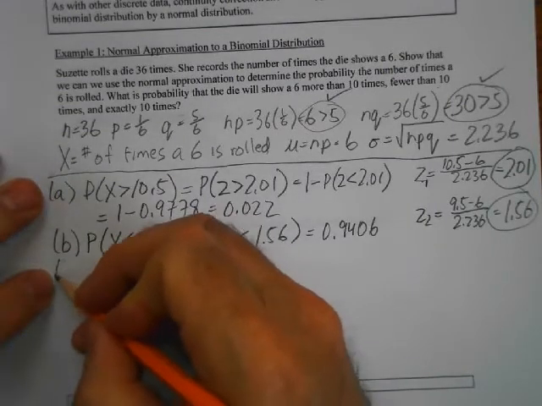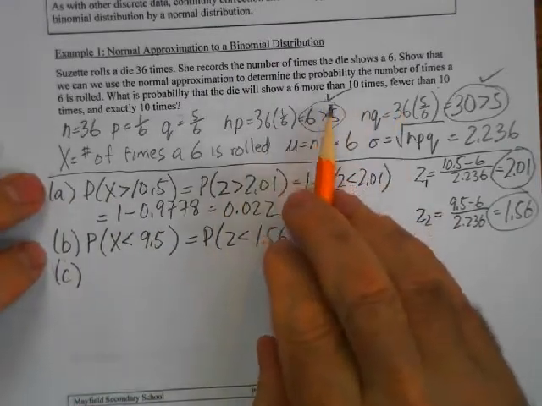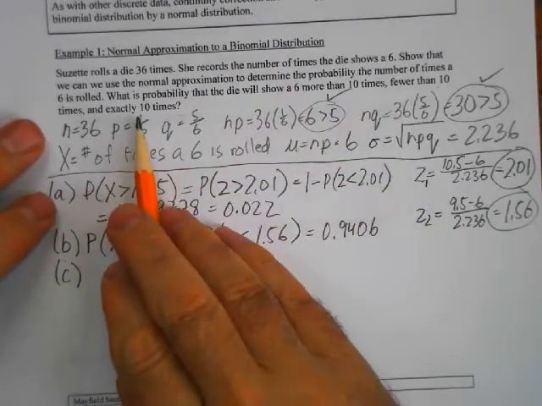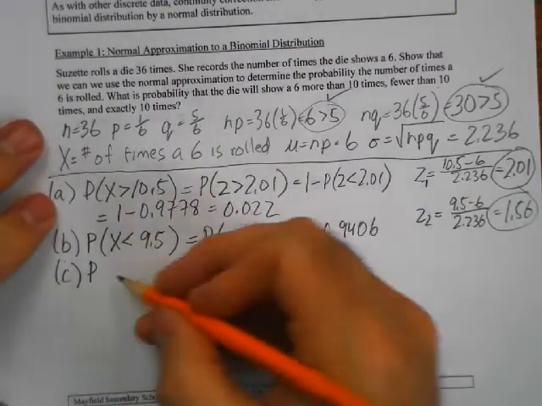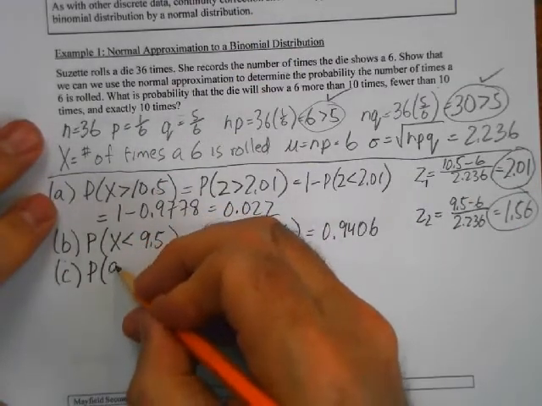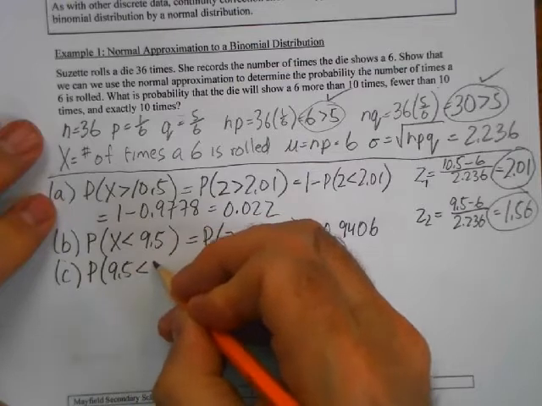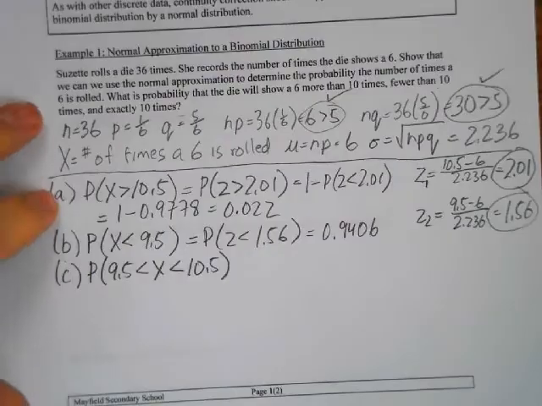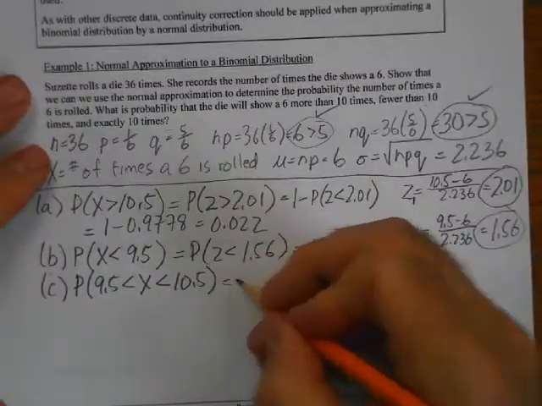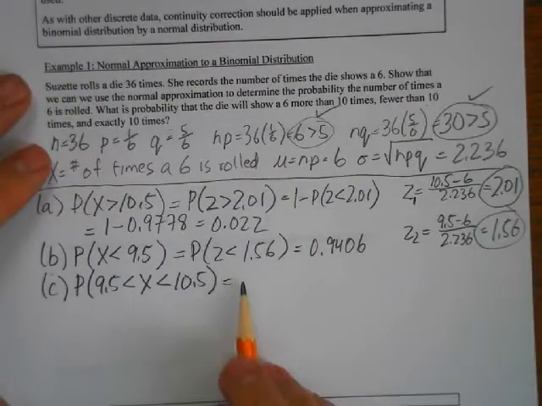Okay, now we do the last part. What's the probability a 6 is rolled exactly 10 times? So this is where we go for the continuity correction again. We're looking for x being between 9.5 and 10.5. Now we've already got those z-scores.